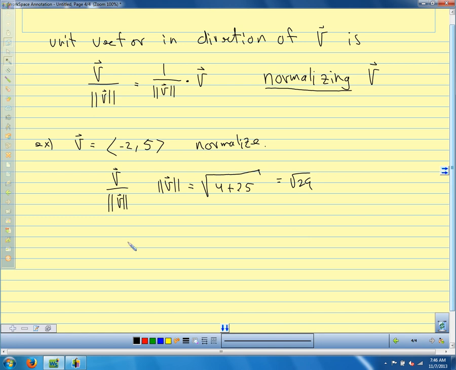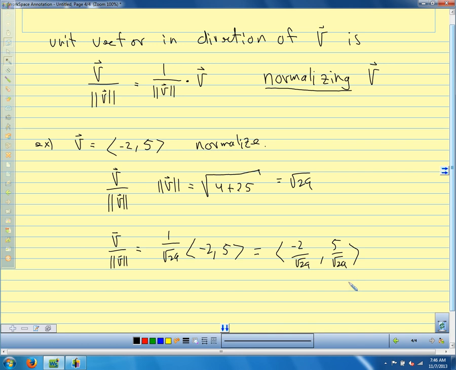And then our unit vector, so our normalized vector v over the length of v, is just 1 over the square root of 29 times -2, 5. And if I rewrite that in component form, I would say this is -2 over the square root of 29, comma 5 over the square root of 29. I'm not going to worry about rationalizing these denominators.